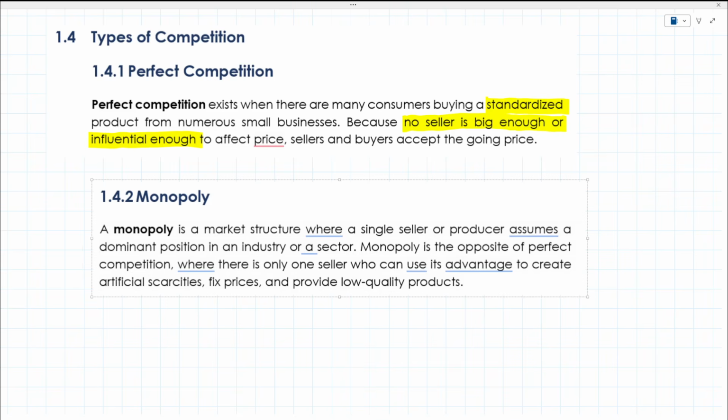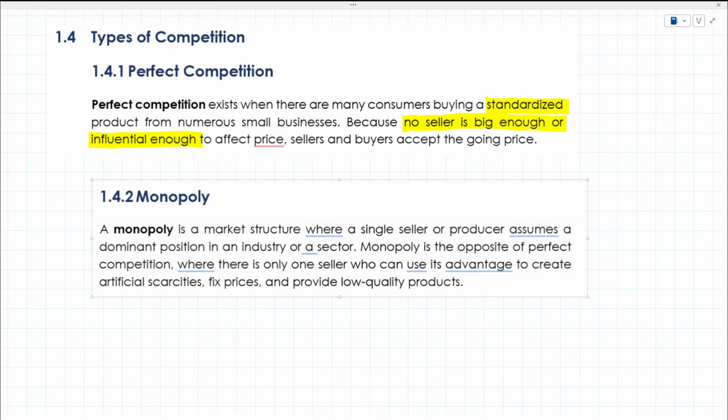So monopoly here is of course an illegal type of market. But there are some legal monopolies which we will be explaining also.